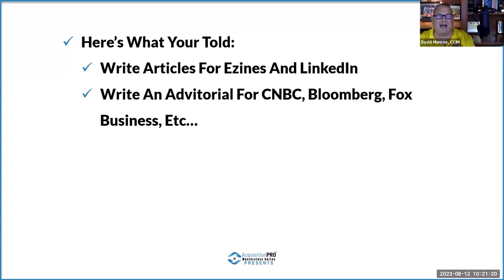That is called an advertorial. It is not called an article. It is an advertisement. But then you get to say, as seen on CNBC, or as seen on Bloomberg or Fox Business. You get that credibility. It is a credibility builder. I'm not telling you not to do this. This is another way to build your credibility for finding passive investors.